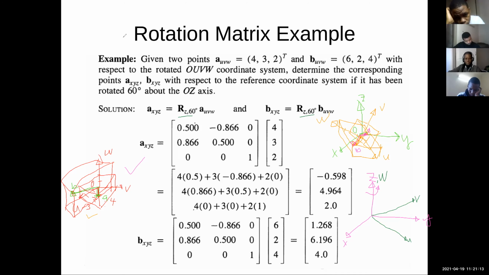In another book, I just copied the way they put their convention, but in our convention, we can say that A from UVW into the X, Y, and Z frame is equal to the rotation matrix of X, Y, and Z into UVW, multiplied by a vector of UVW, not P, but this is A.